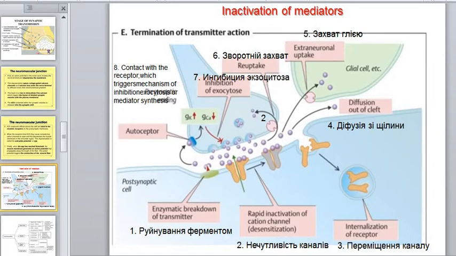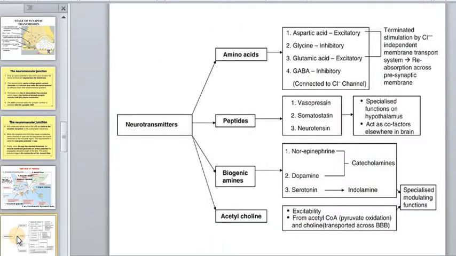Now, what do we know about all these molecules? Neurotransmitters are chemical messengers that are released by neurons from a synaptic vesicle into the synapse, messengers that allow nerve cells to communicate with each other.